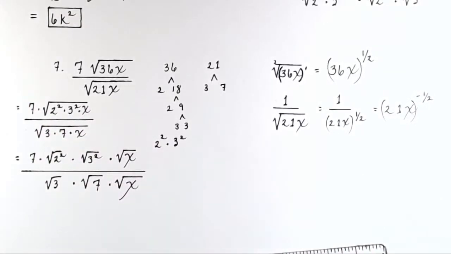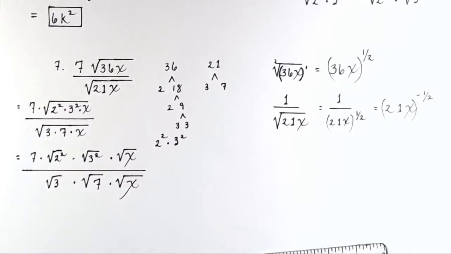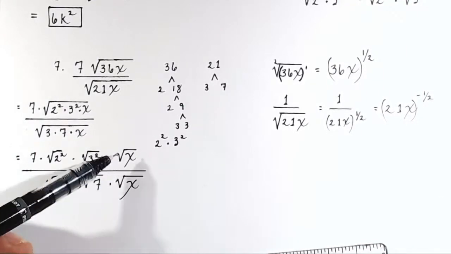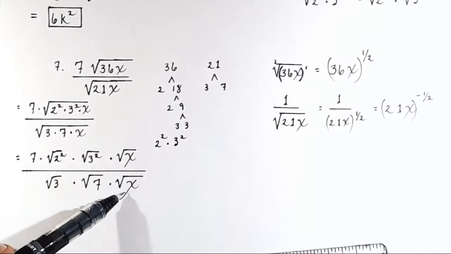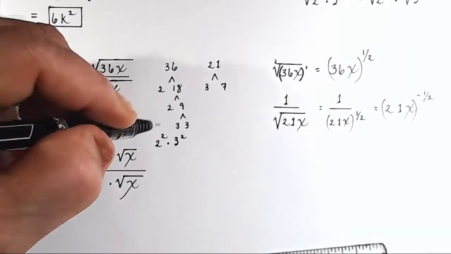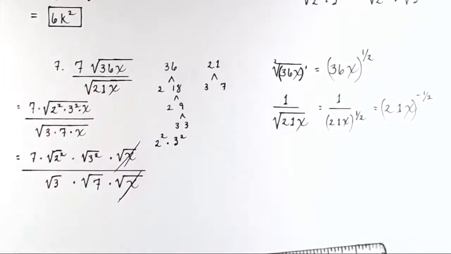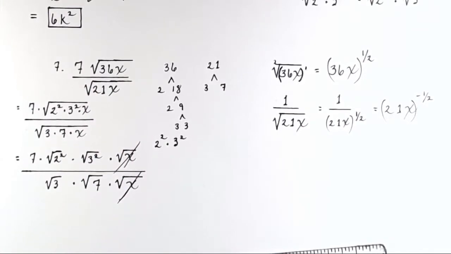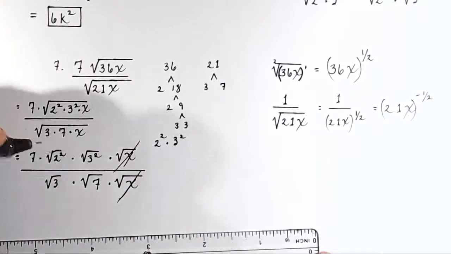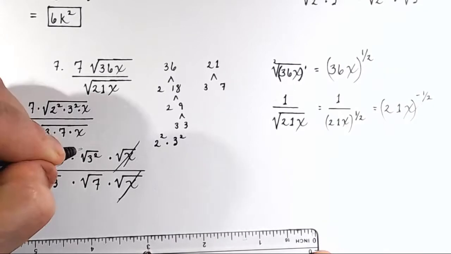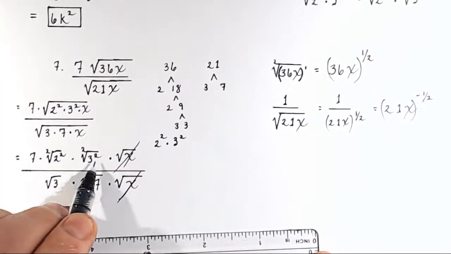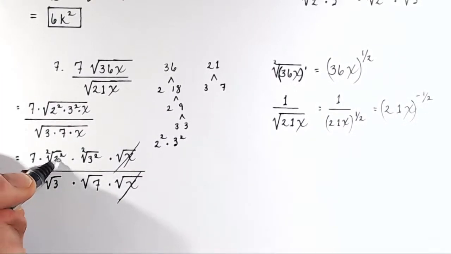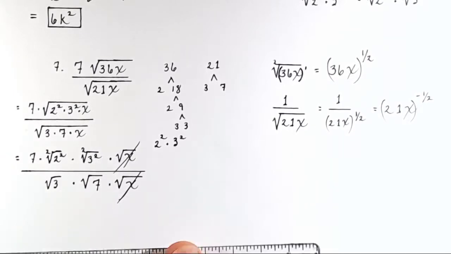Right, so we're getting to where we're going to be canceling some stuff. Notice that I've got a square root of x over a square root of x. So those can cancel. Okay, those are gone now. And I've got index values that match the exponents here and here. So this can just become 2 and this can just become 3.